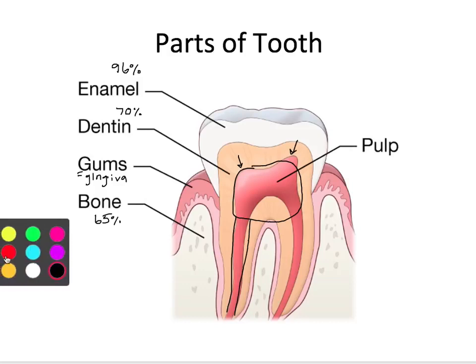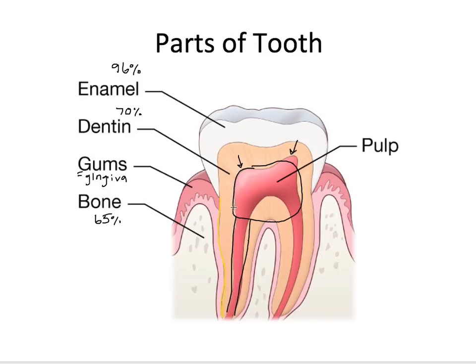Now, not shown here, but I want to highlight, is a thin layer that starts right below the enamel. So we have this white enamel layer, and then right here on the outside of the tooth, it's kind of hard to see, I picked a bad color, is this thin orange layer that I'm drawing in.